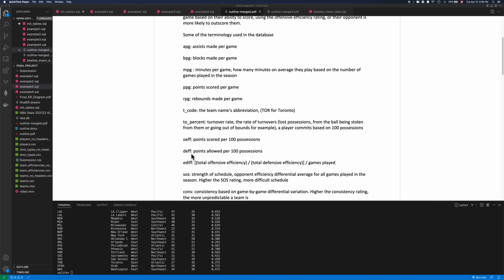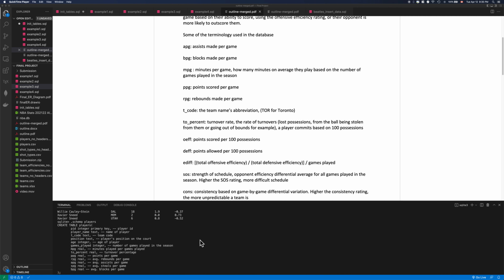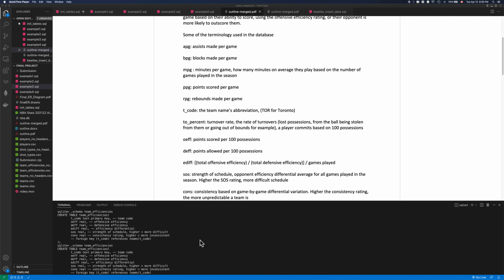Defensive efficiency is points allowed per 100 possessions, and the E difference would be the efficiency differential using this formula.